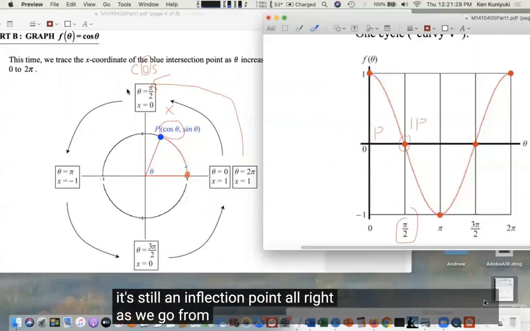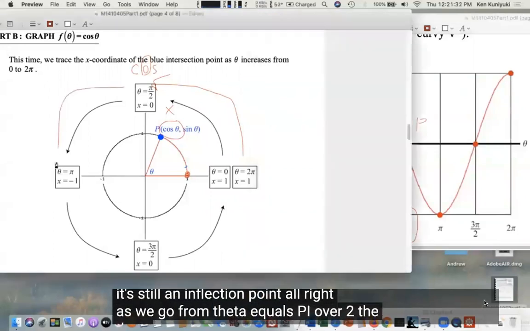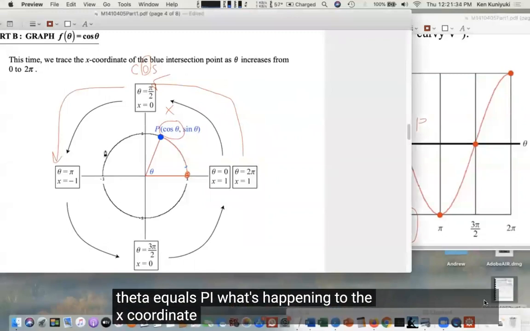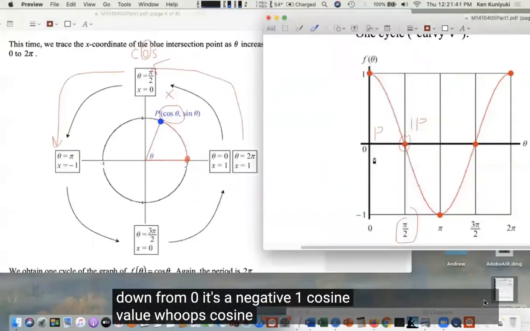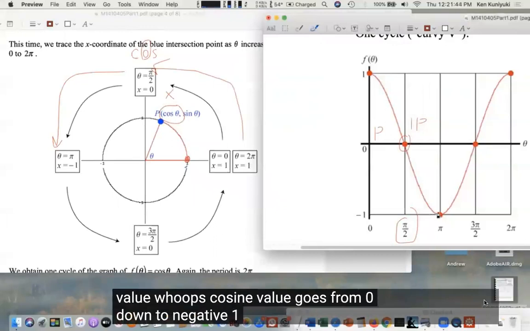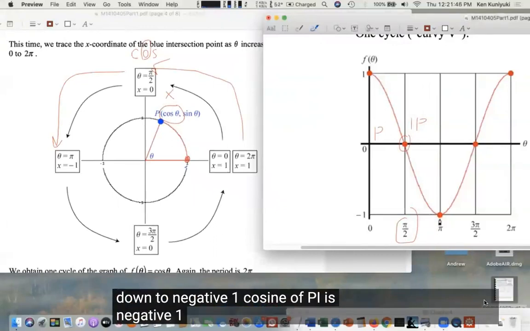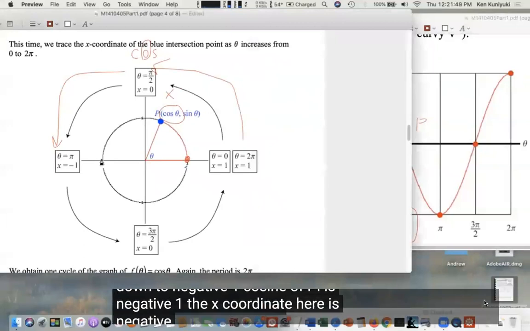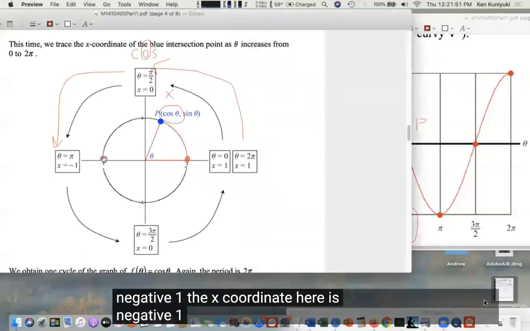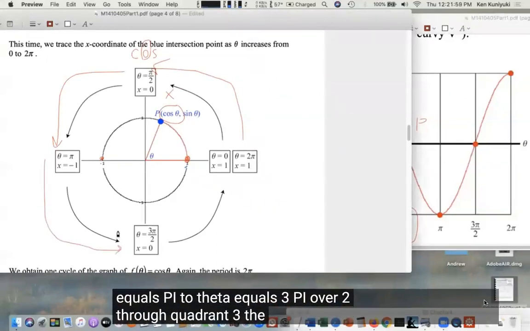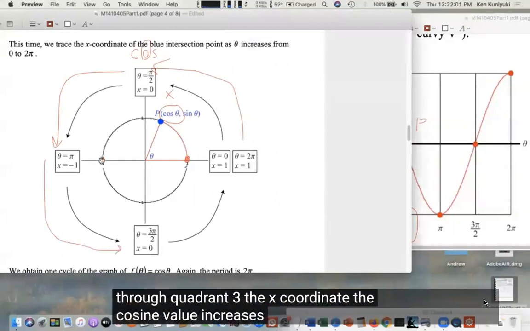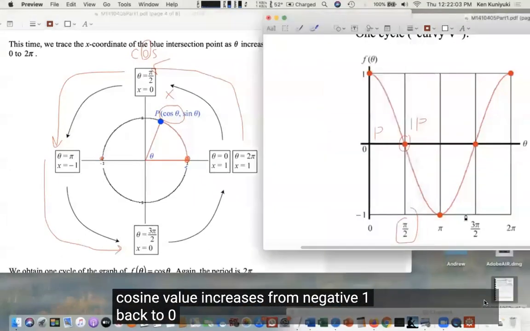All right, as we go from theta equals pi over 2 to theta equals pi, what's happening to the x-coordinate, the cosine value? It's going down from 0 to negative 1. Cosine of pi is negative 1. The x-coordinate here is negative 1. Going from theta equals pi to theta equals 3 pi over 2 through quadrant 3, the cosine value increases from negative 1 back to 0.